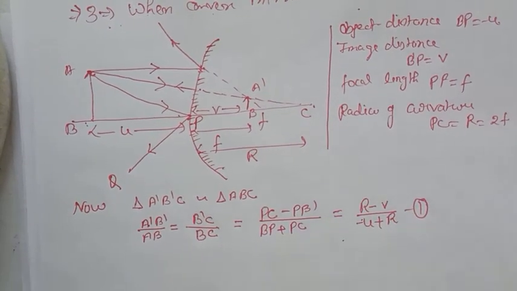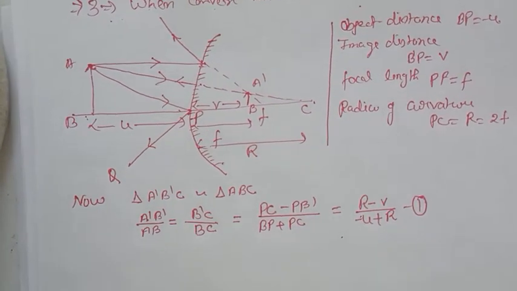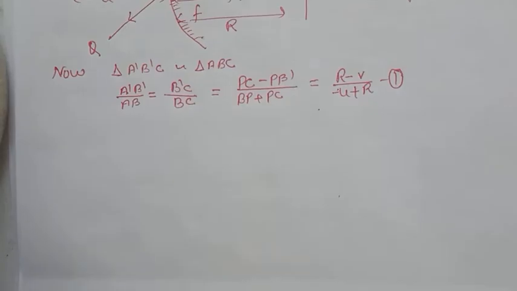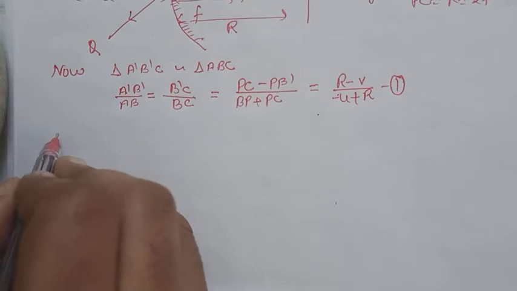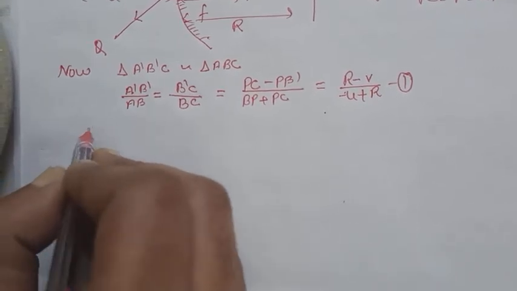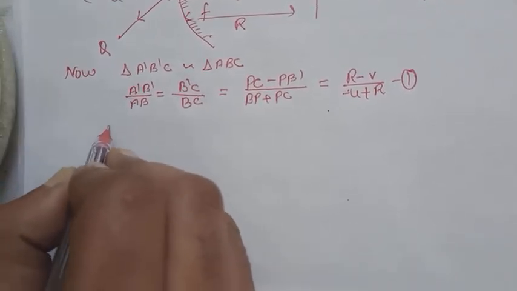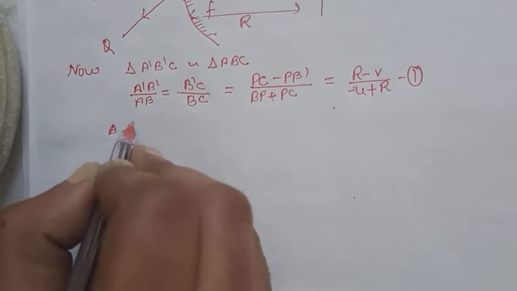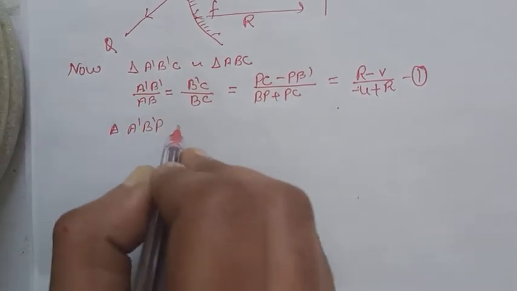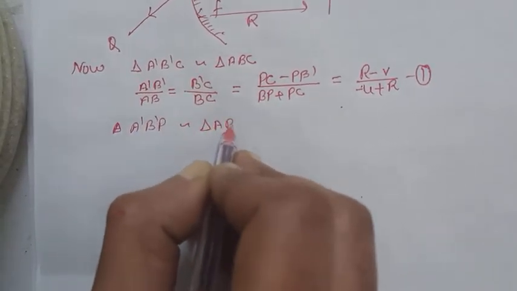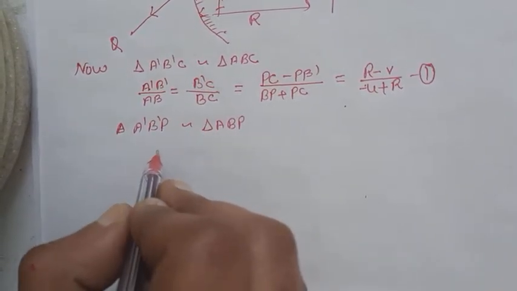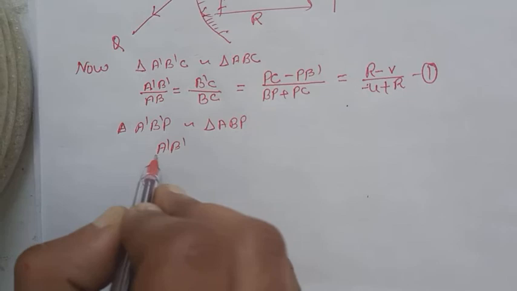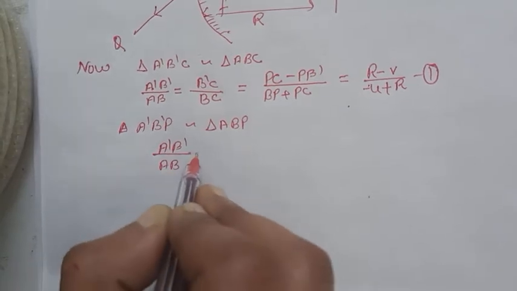Again we take another similar triangle, A dash B dash P similar to triangle ABP. Again taking the ratio of their heights, A dash B dash divided by AB.